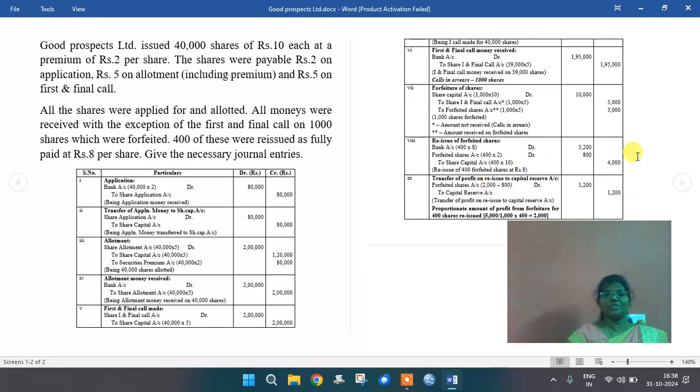Out of 2,000 you have utilized only 800 rupees while reissuing. So the balance, 2,000 minus 800, you are getting 1,200 rupees, and this 1,200 rupees will be transferred to the capital reserve account. I hope you can understand this. So this 1,200 rupees will be transferred to the capital reserve account.